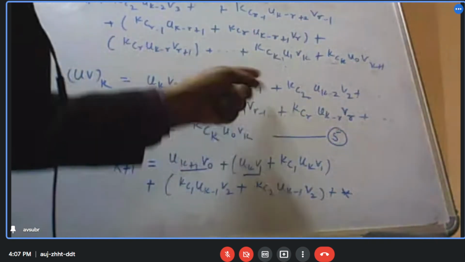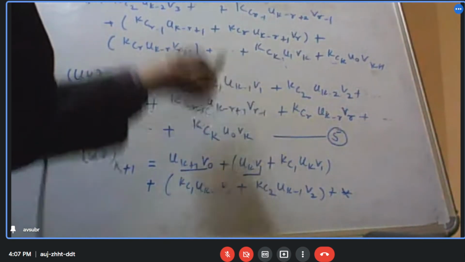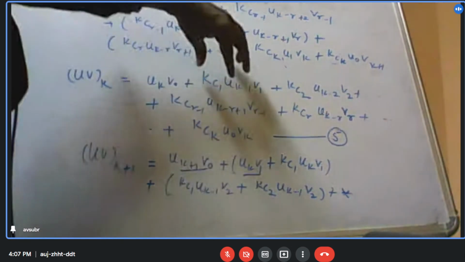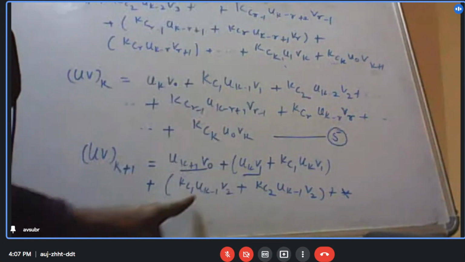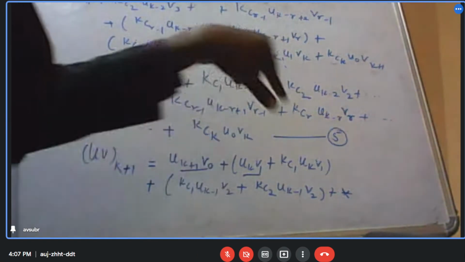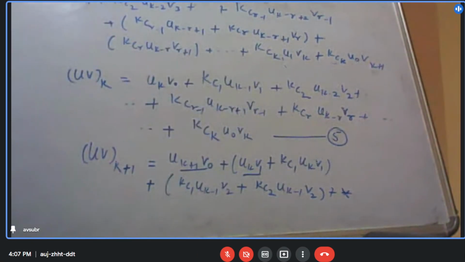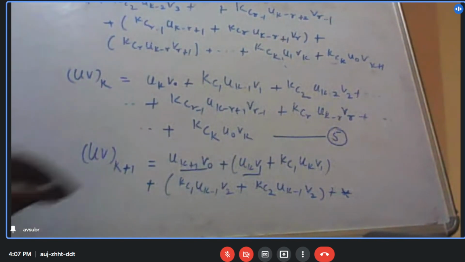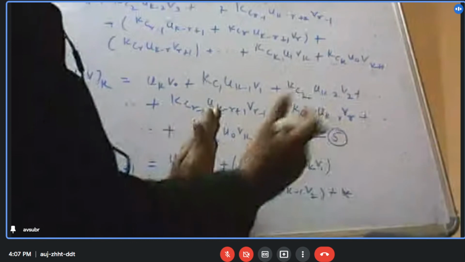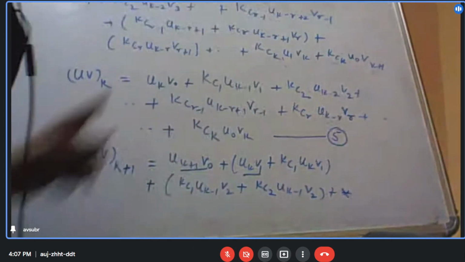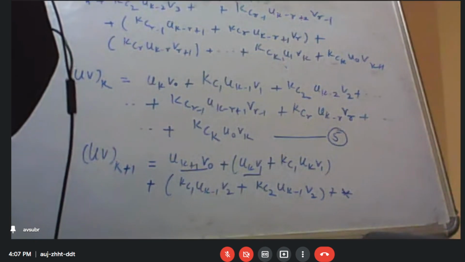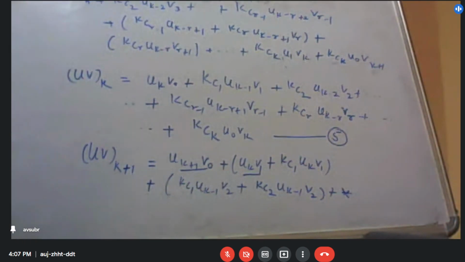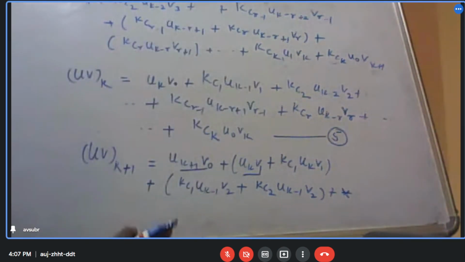So UK, this will remain as such. Then the next term will be this as such and this will be differentiated, so KC1 UK minus 1 and V2. Like that, we will continue and then we have segregated. I hope it is clear. This step is clear. So this is what we have done.